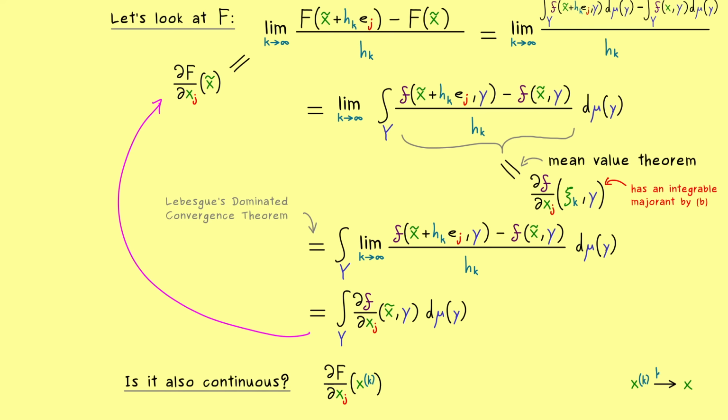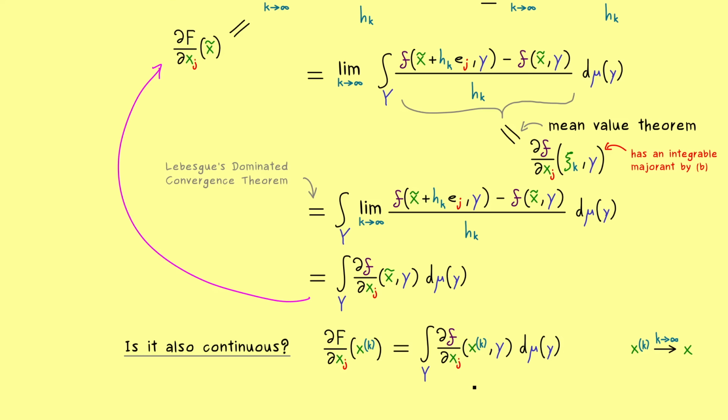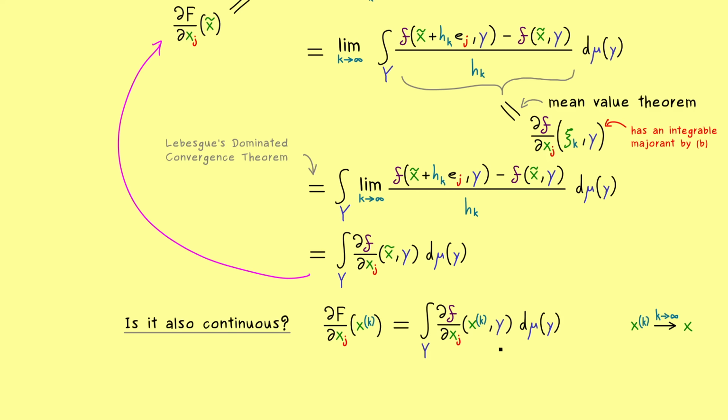And now continuity would mean that this convergence translates to the convergence of the values as well. However, by the formula above, we just know that we find the sequence xk inside the integral again. This means if we want to calculate the limit of the values here on the left, we just have to push a limit inside the integral again.